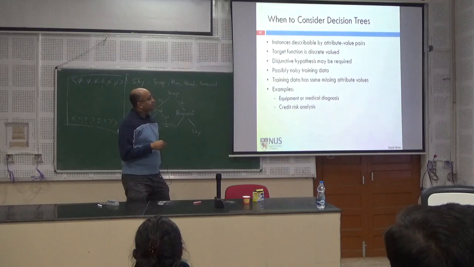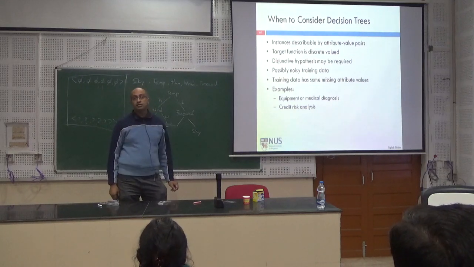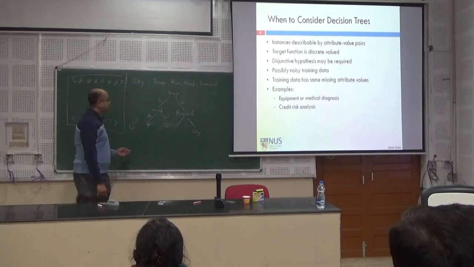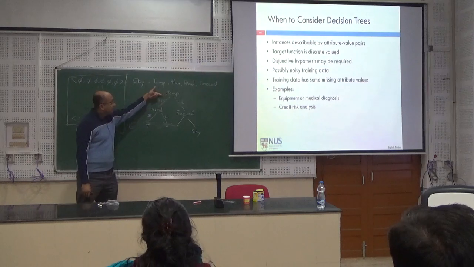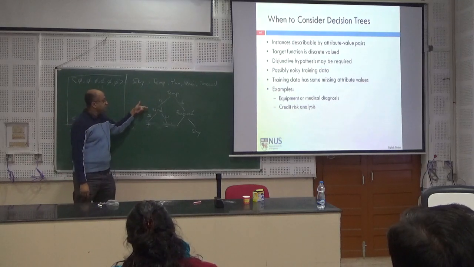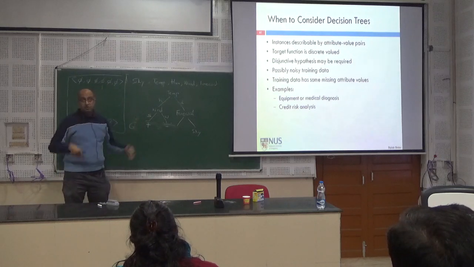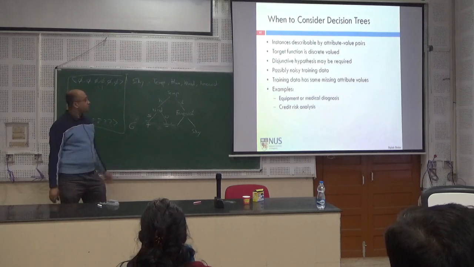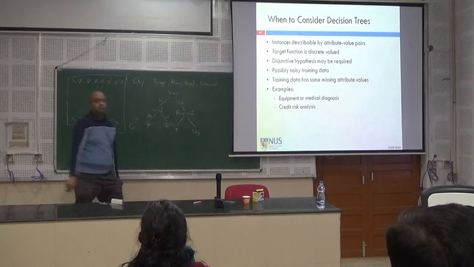And in this case, disjunctive hypothesis is okay. Right? So for example, this is high temperature, strong wind. And we can also put OR conditions here. Okay? So you also go, let's say, here.